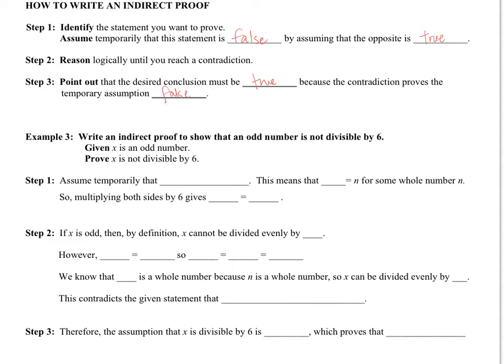So let's look at a very straightforward example. Example 3. Write an indirect proof to show that an odd number is not divisible by 6. Given x is an odd number, prove x is not divisible by 6. So to begin an indirect proof, for step 1, we need to assume temporarily that x is divisible by 6.